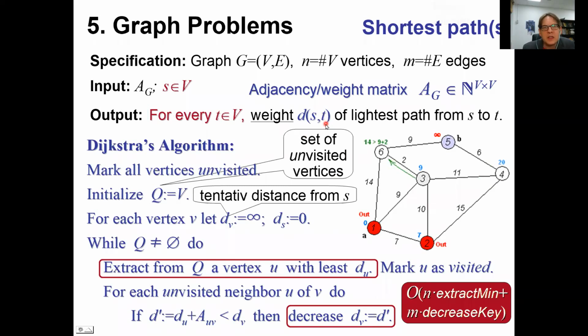These are the two things we need to compare. Correctness means that both quantities agree: the mathematical weight from S to any other vertex T or V, and the algorithmic array indicating the best known, shortest known distances from S to any other vertex.